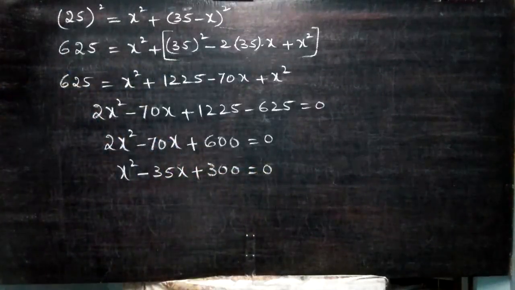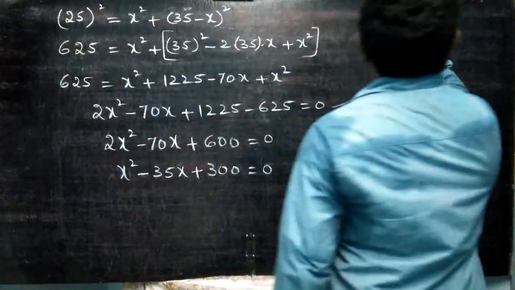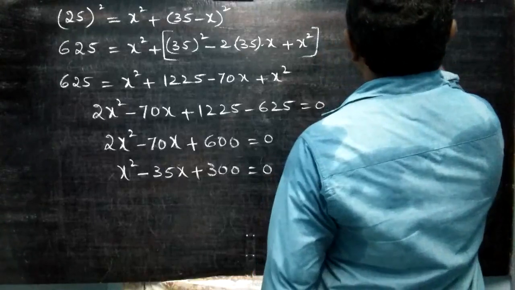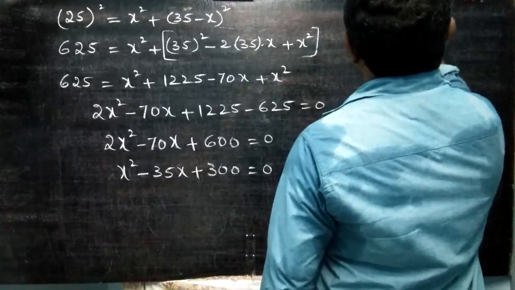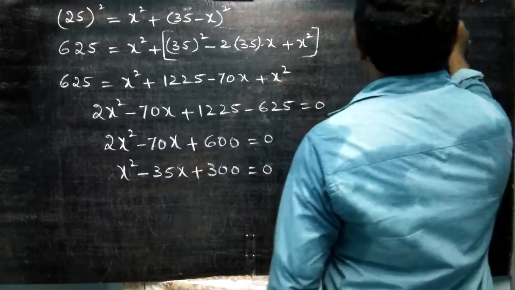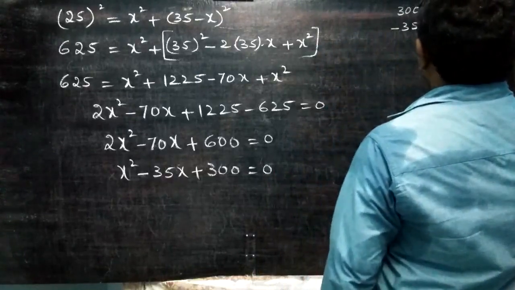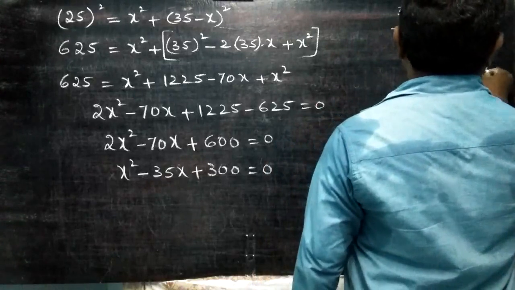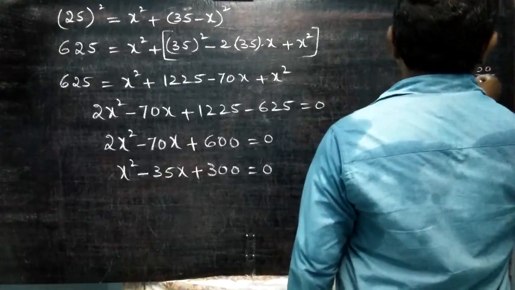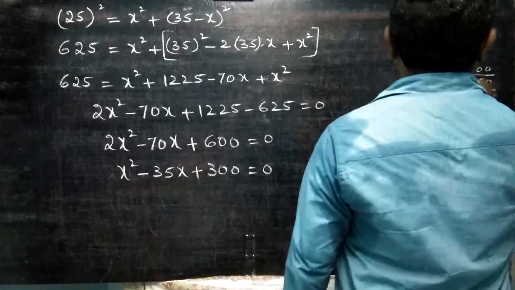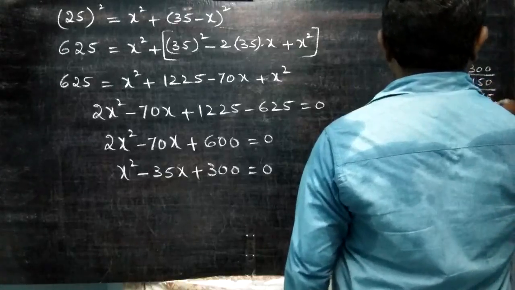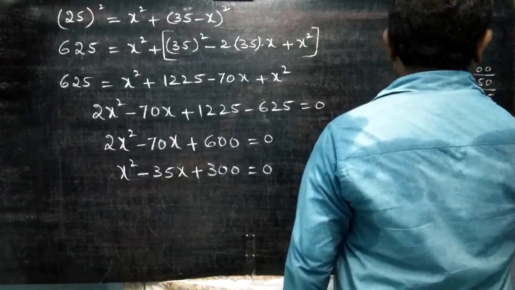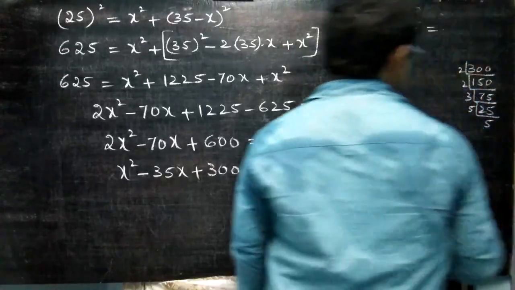Find factors. When you multiply, 300 should come, and when you simplify, minus 35 should come. In such a way, you are going to take factors. 300: 2 times goes 150 times, 2 times goes 75 times, 3 times goes 25 times, 5 times goes 5 times.